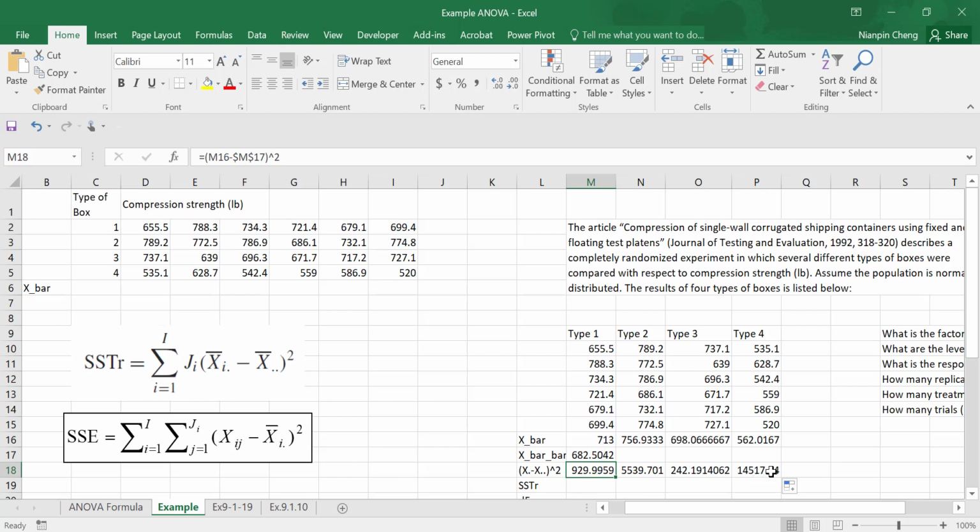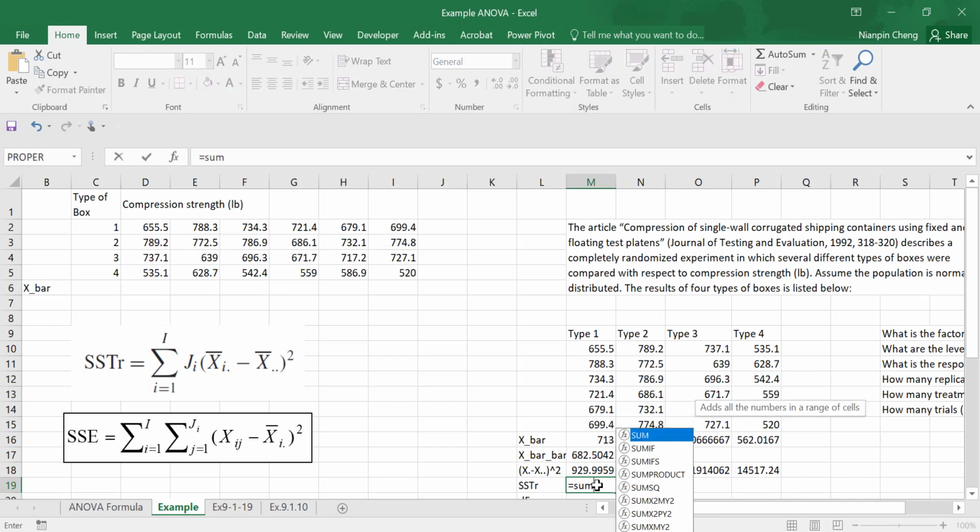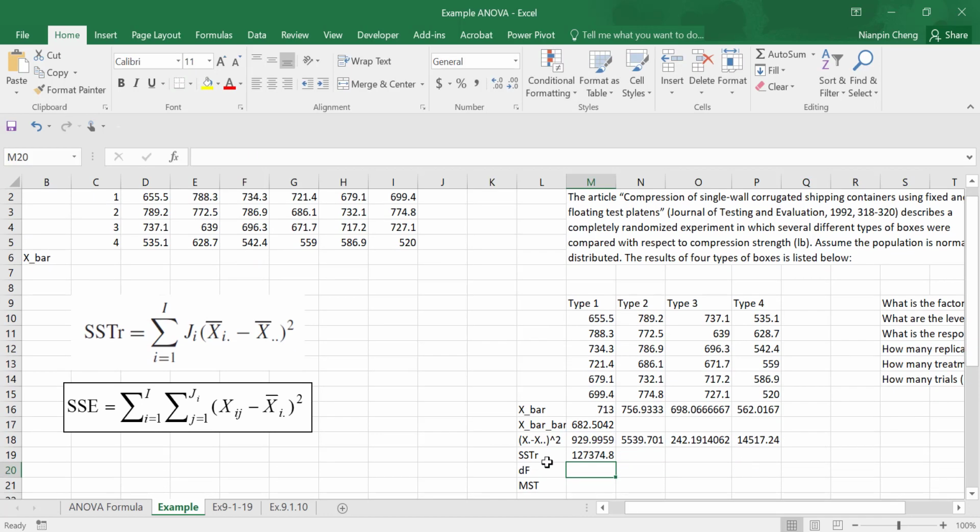We add these terms together and multiply by j. This j means how many replications are inside each treatment. We have 6 replications. So the sum of squares treatment is the sum of all this, the variation from the overall average, multiplied by 6. This is the sum of squares treatment.